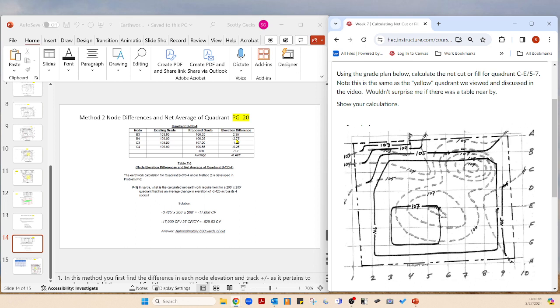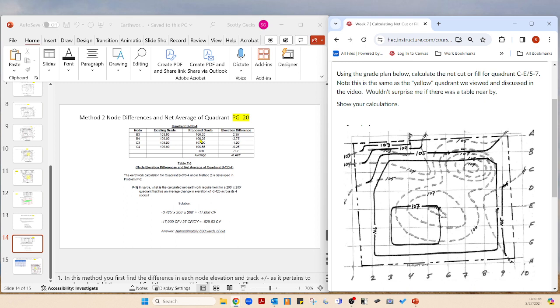Now, if you want this rule of thumb, and you will have to when we get into estimating, negative values will always be fills. Positive values will always be cuts. So this right here is not a fill, even though it's negative. It is a cut. As you can clearly see, it's too high. They're going to have to cut it from 109 to 106.